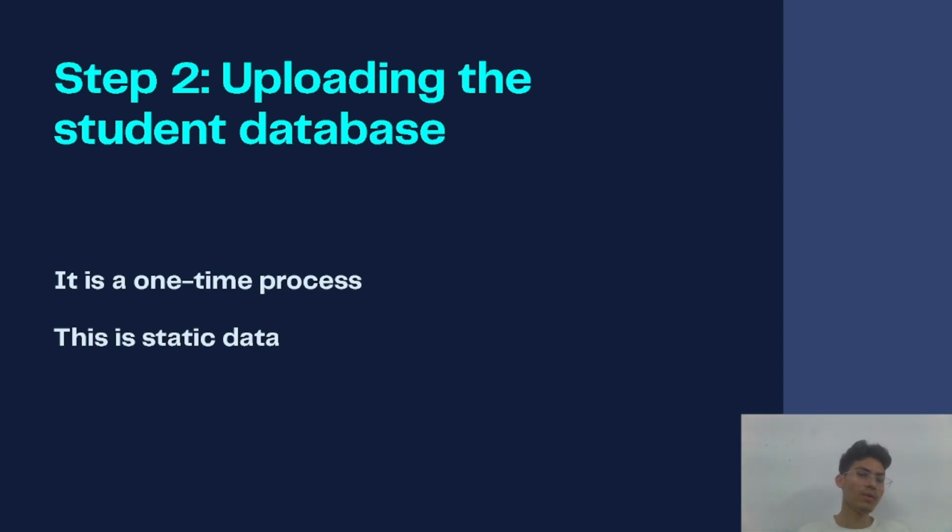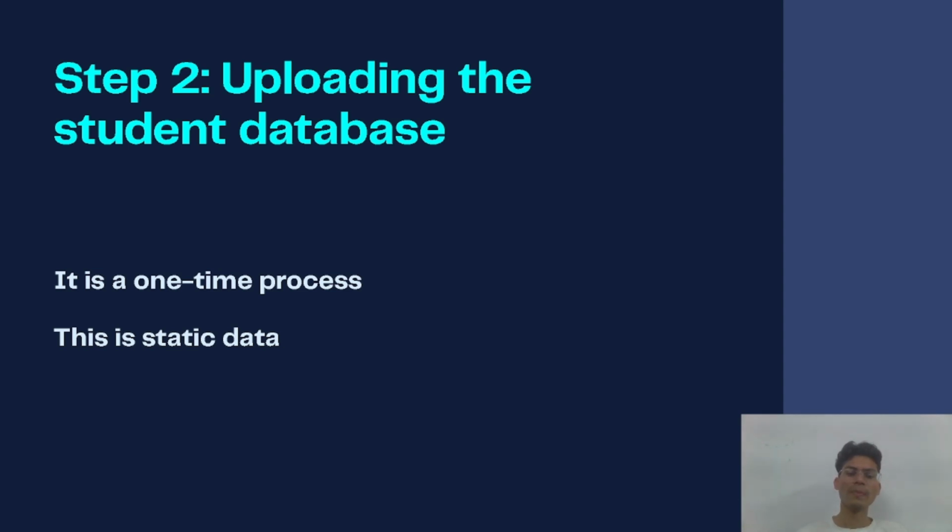Now we move to step 2, which is uploading the student database. This is a one-time process, and in our demonstration it would already have been done, because it is a slightly time-taking process and the data is static. You don't need to do this part again and again.